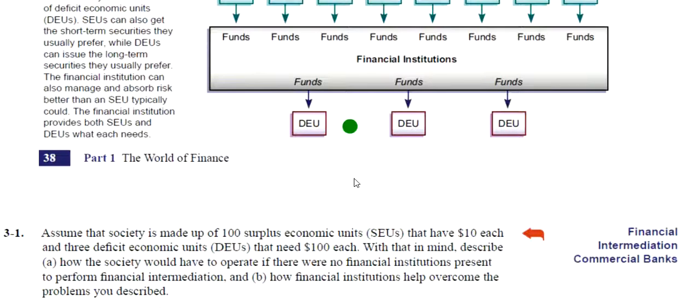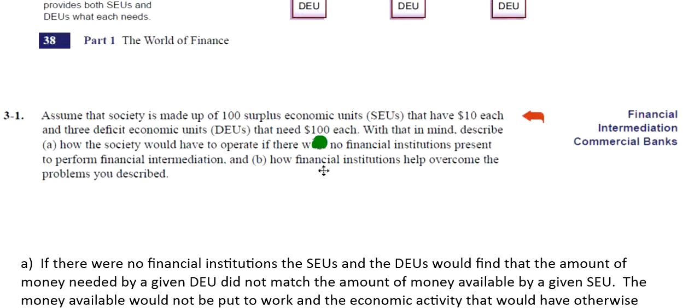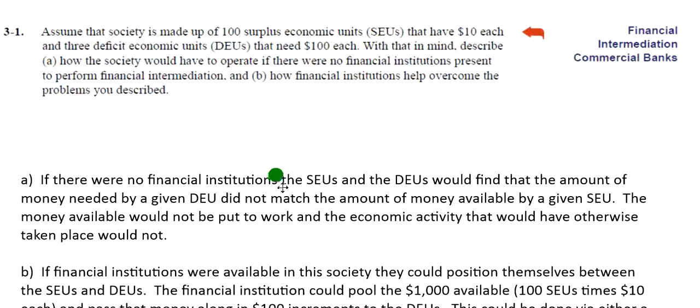And the answer is, it just wouldn't work. The book answer, if you want to see it, is that if there were no financial institutions, the SEUs and DEUs would find the amount of money needed by a given DEU did not match the amount of money available from a given SEU. The DEUs would need more. One larger firm would need a lot more than one household could lend. So it just wouldn't work.